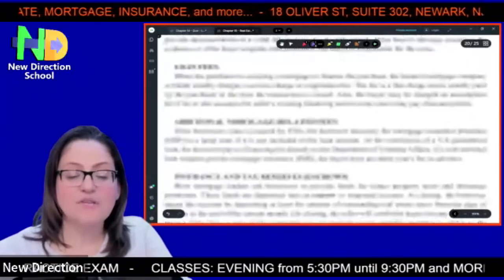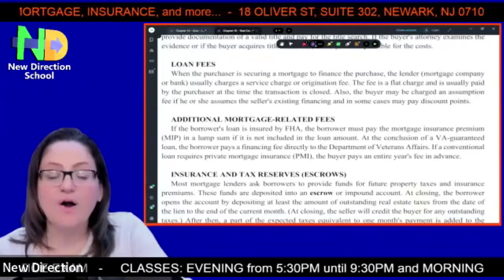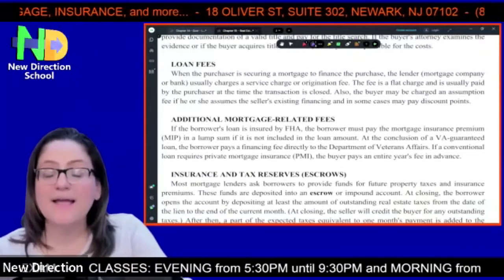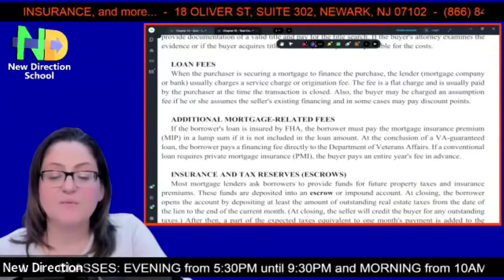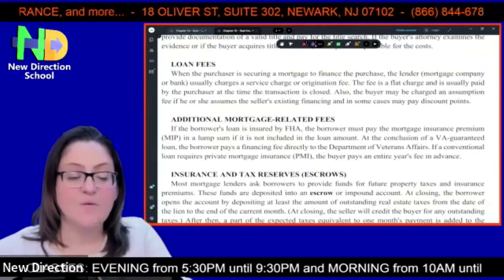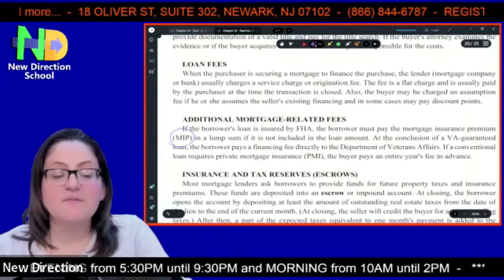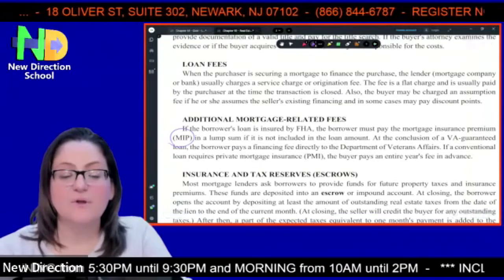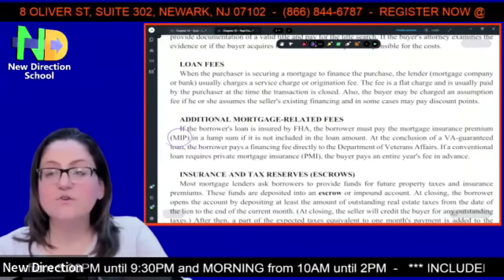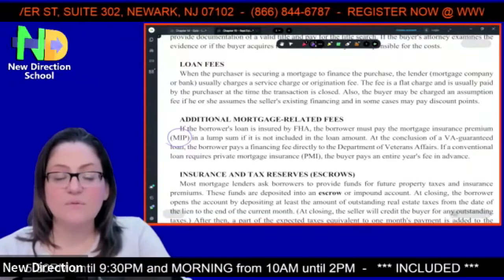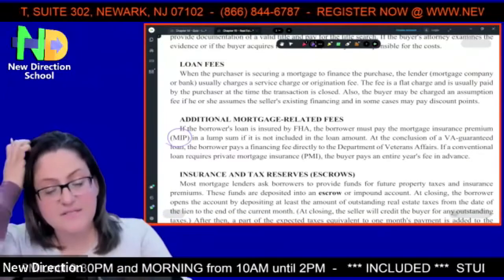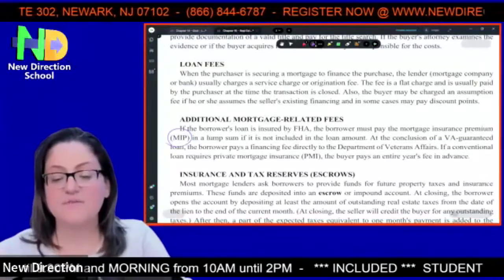Additional mortgage related fees. If the borrower's loan is insured by FHA, the borrower must pay the mortgage insurance premium. And we talked about this. In a lump sum, if it is not included in the loan amount. At the conclusion of a VA guaranteed loan, the buyer pays a financing fee directly to the Department of Veterans Affairs.